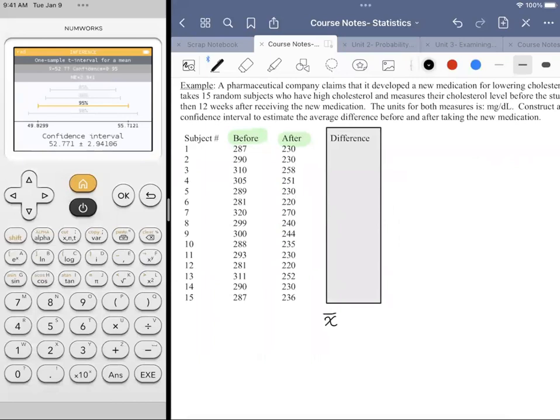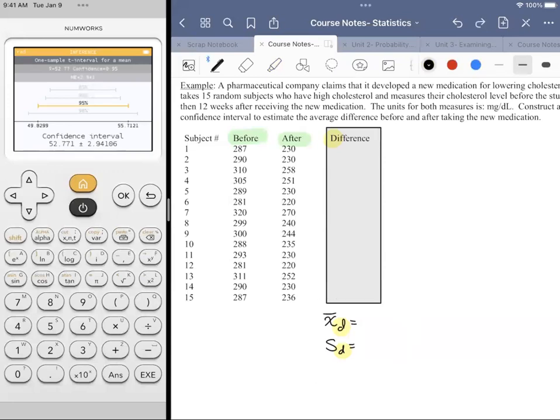X bar sub d and S sub d. D for difference. If you subtract them manually, that's fine. If you do it with the calculator, that's fine too. Either way, we need these two numbers, however you get it, short of cheating, of course.